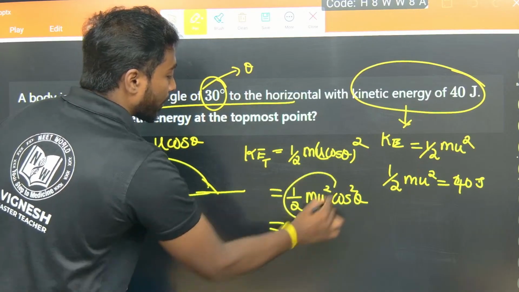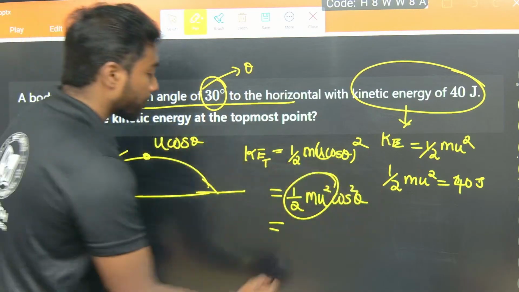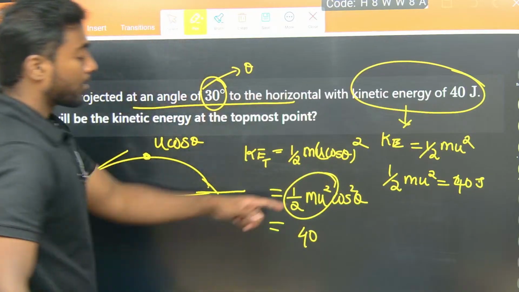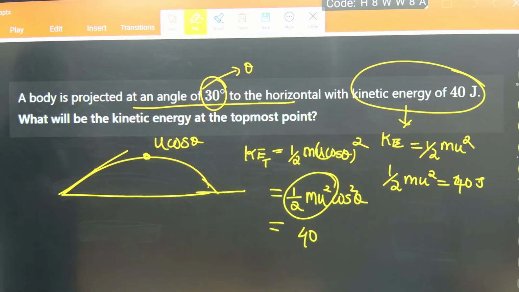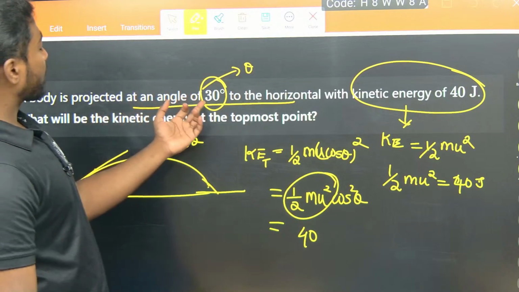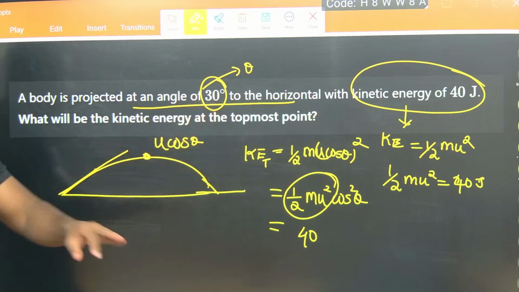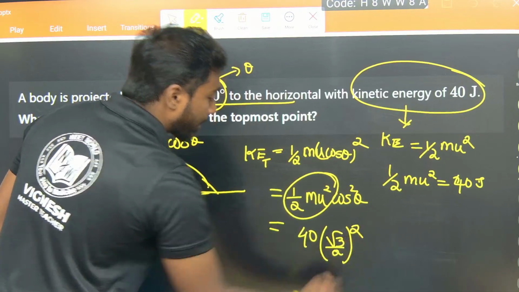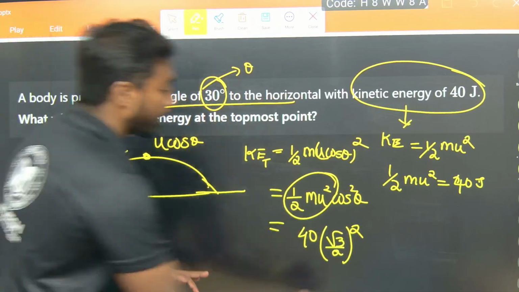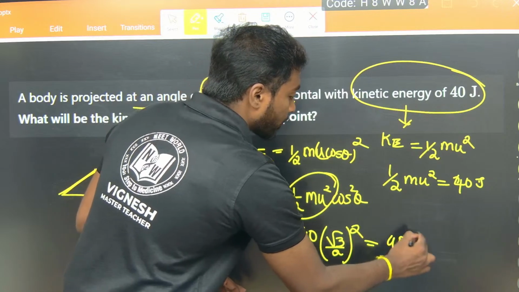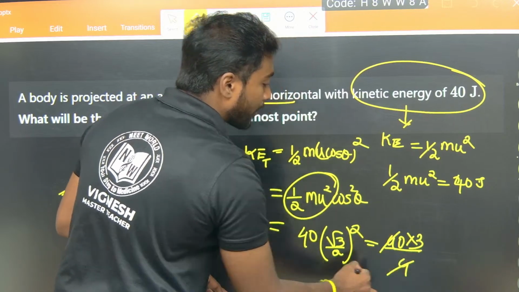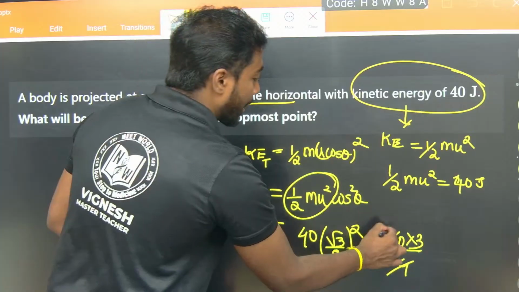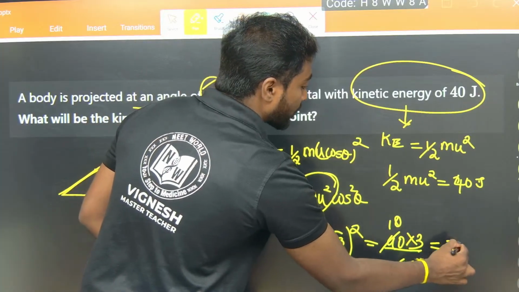So mu square is nothing but 40, and cos square theta, what is cos square theta? Cos 30 is root 3 by 2, root 3 by 2 the whole square. So 3 by 4 will come now. 40 into 3 by 4, the 4s are 10 times, and the answer will be 30 joules.